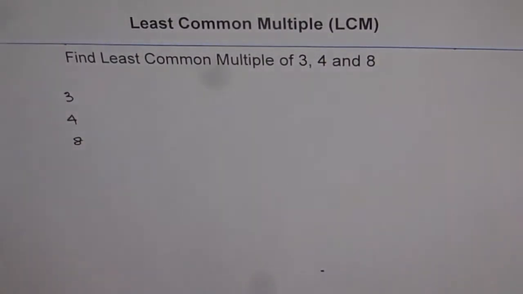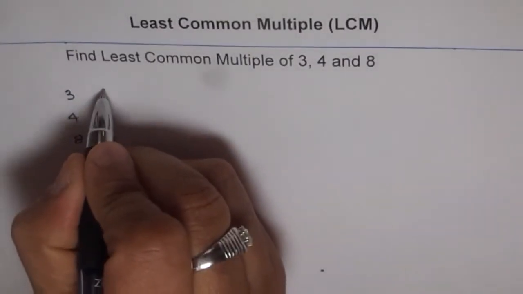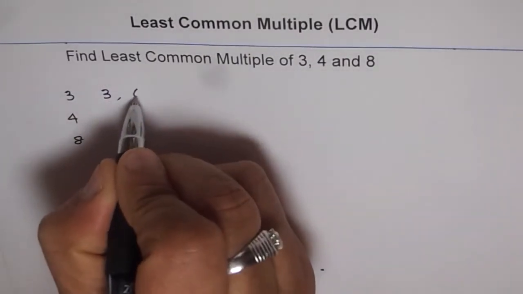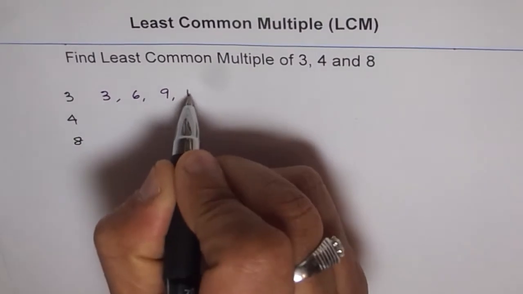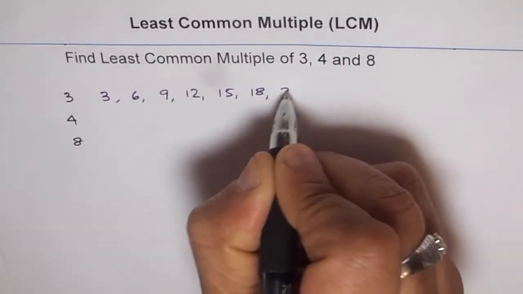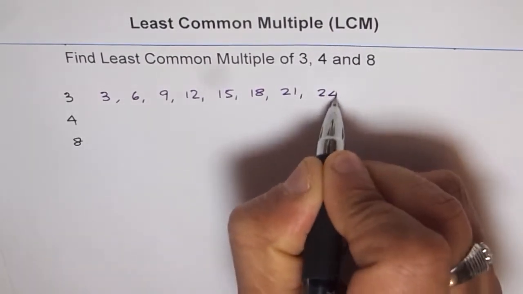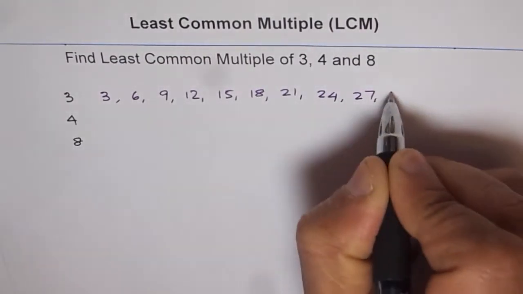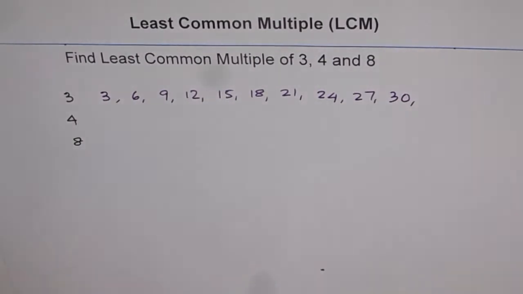So the numbers are 3, 4 and 8 and their multiples are 3, 6, 9, 12, 15, 18, 21, 24, 27, 30 and so on.